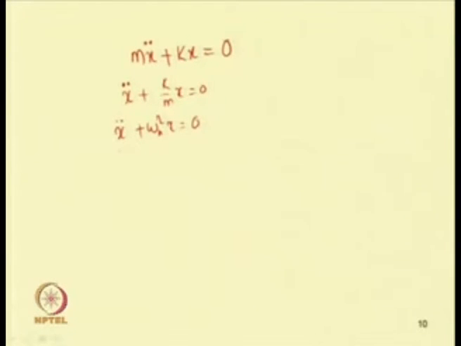We already know the solution of these linear systems can be written as x equal to a sin(omega n t plus phi), where a and phi can be obtained from the initial condition.